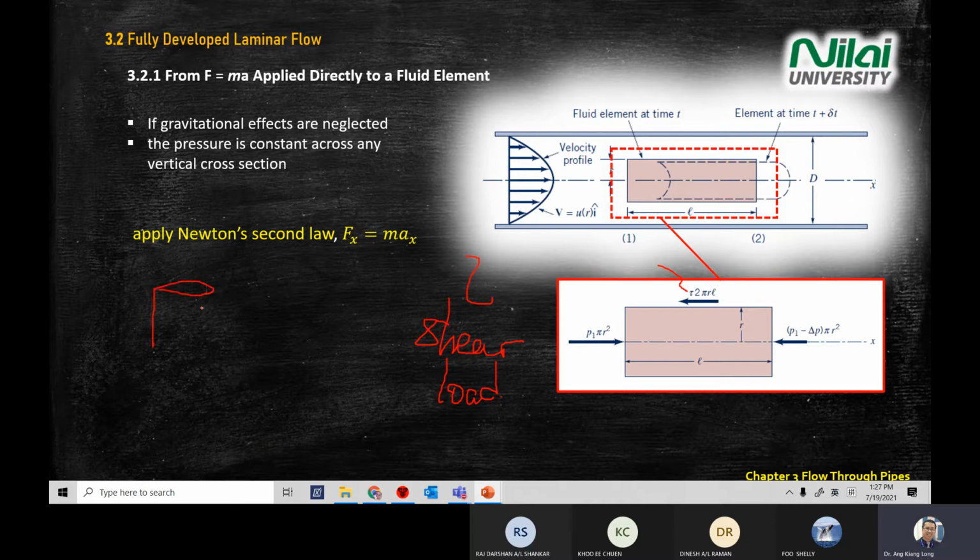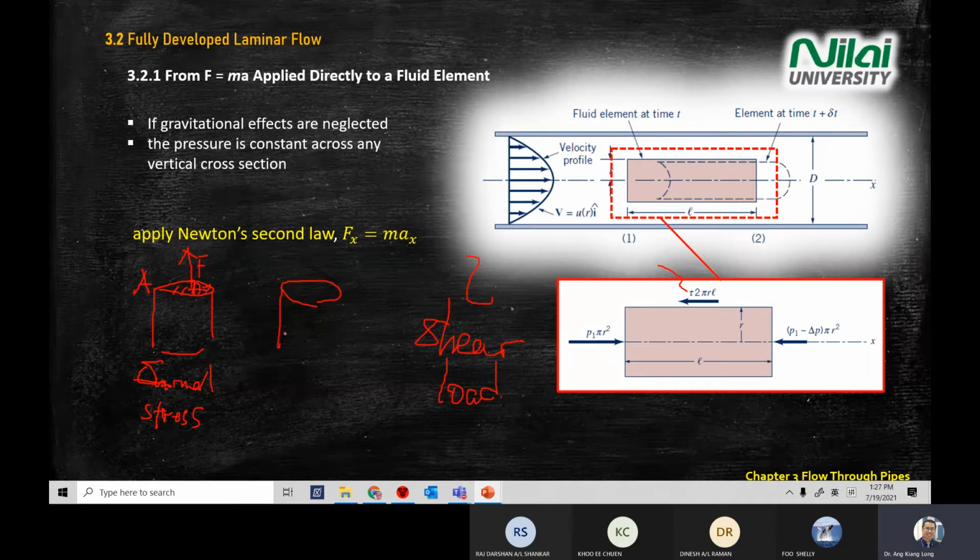So again, recall back. If the force is perpendicular to the area, this scenario gives you normal stress. Normal means 90 degrees.